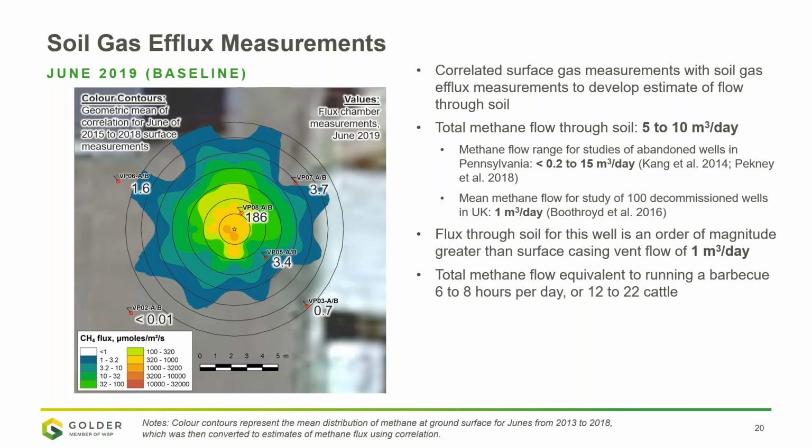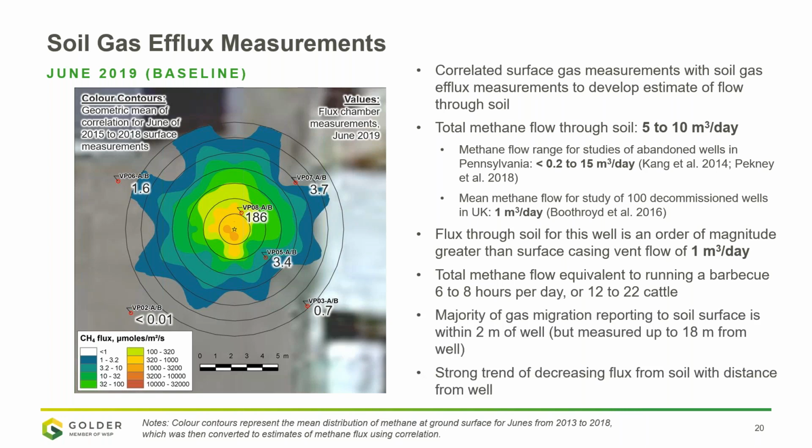That fell close to the upper range of studies at leaking well sites in Pennsylvania and the UK. To put it in context, that's a similar amount of methane as running a barbecue for 6 to 8 hours per day continuously, or emissions from about 12 to 22 cattle.